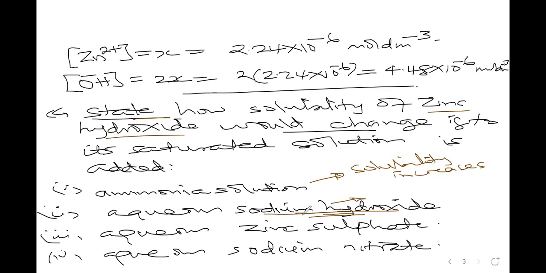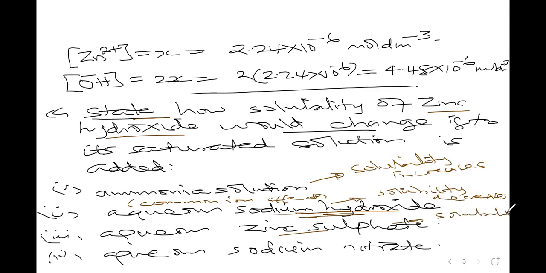This is a soluble salt, remember, and this is sparingly soluble. So this factor here is common ion effect. Are we together? And since it is common ion effect, solubility decreases according to our previous lessons. When you add zinc sulfate, you're still testing common ion effect. Also, solubility decreases.